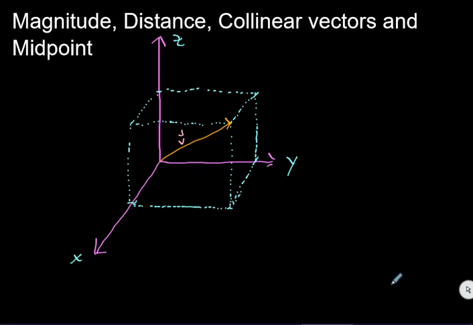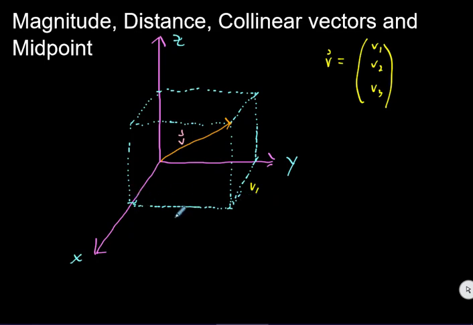Hello, we're going to talk about magnitude, distance, collinear vectors, and midpoints of vectors in 3D space. I've done my best here to draw a three-dimensional vector. If we let V have the components V1, V2, and V3, you can see this is my x distance, so this component right here would be v sub 1.